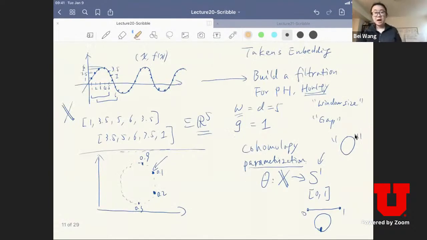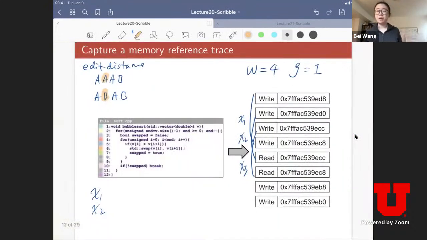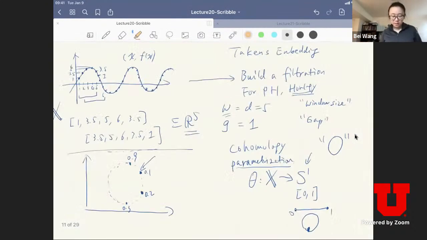All right, so now coming back to our memory reference trace. I said I can have this one-dimensional signal and map every, say, 5 data points to a 5-dimensional point, and I shift this window. Depending on how many windows you have, you get the size of your 5-dimensional point cloud.